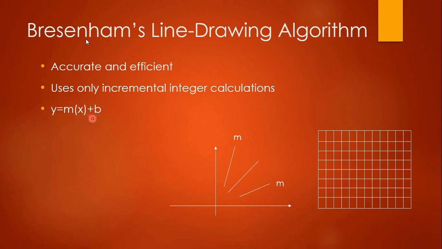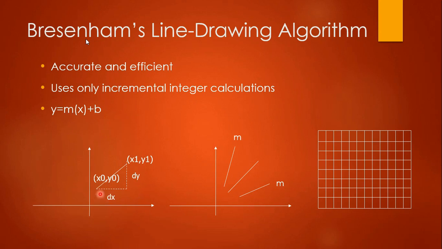The line equation is given by y is equal to mx plus b. Given any value of x and a value of slope m, where m stands for slope, plus b, where b is the intercept. So the line equation is y is equal to mx plus b, and what is m? Slope, which is given by delta y divided by delta x. Let us see how it looks in the diagram.